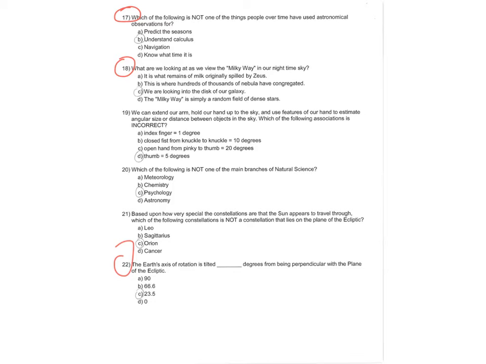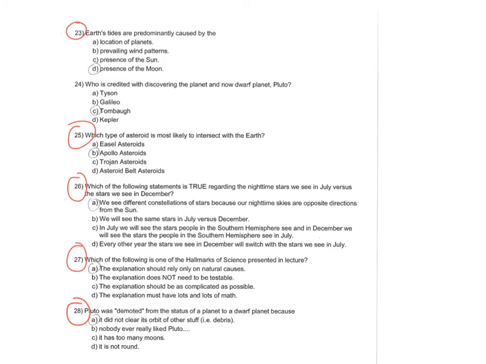And then on the next page, I have 18 and 20 circled. And then on the next page, I have 23, 25, 26, 27, and 28. There's some great questions here. Again, I'm only going to pick 12 of these.